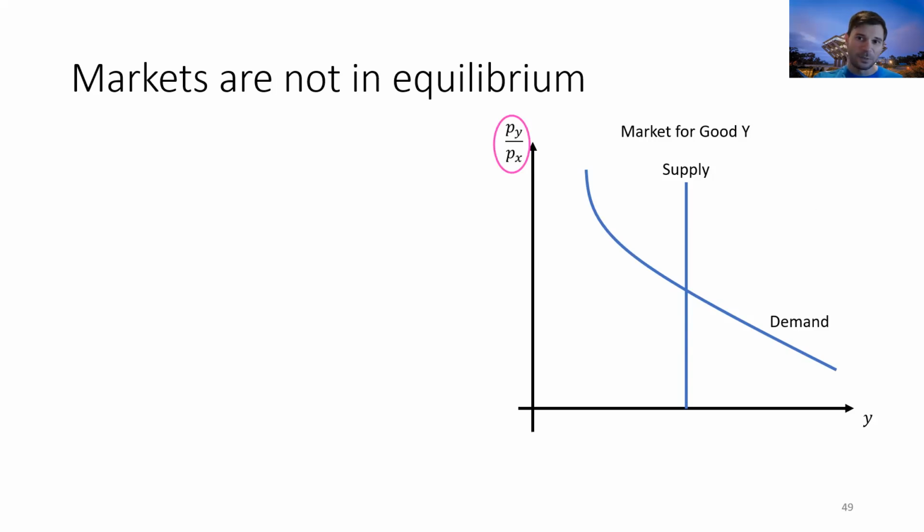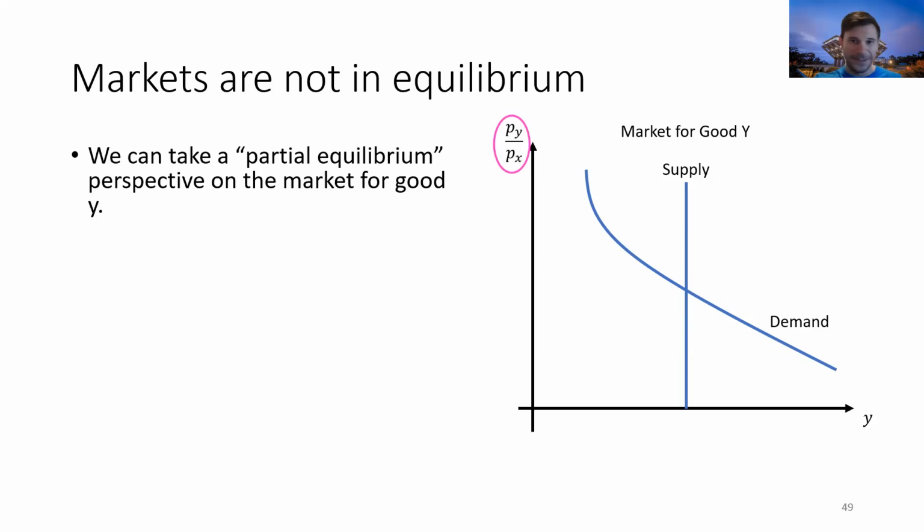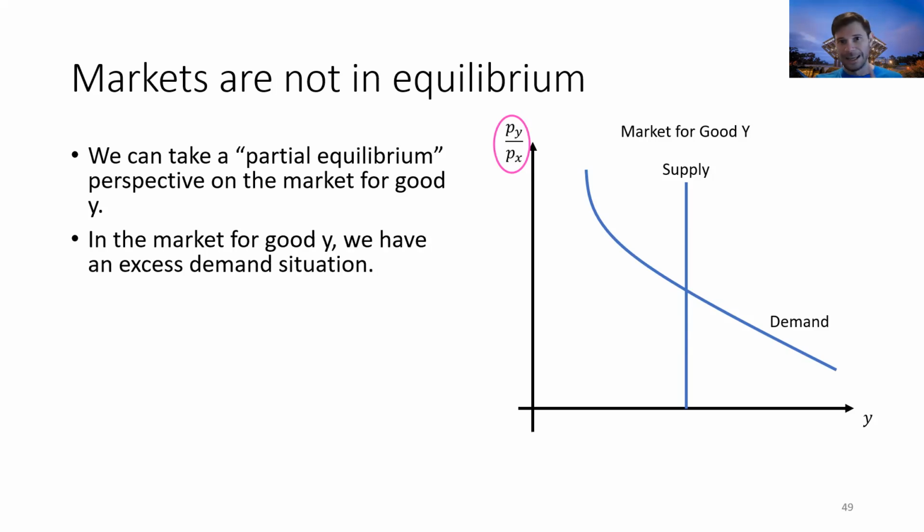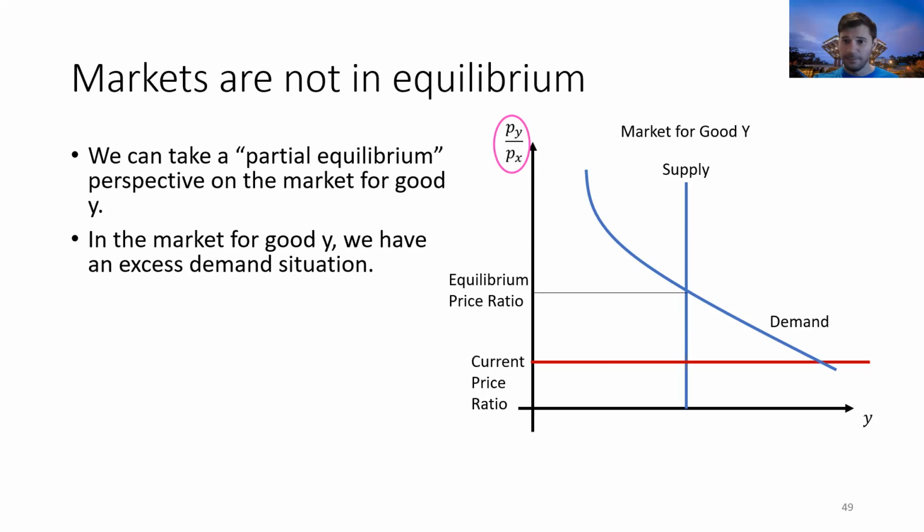So again, taking this partial equilibrium approach, given that we have a shortage in the market for good Y, what must be true about the actual price ratio relative to the equilibrium price ratio? Yeah, it's got to be lower than the equilibrium. Very good.